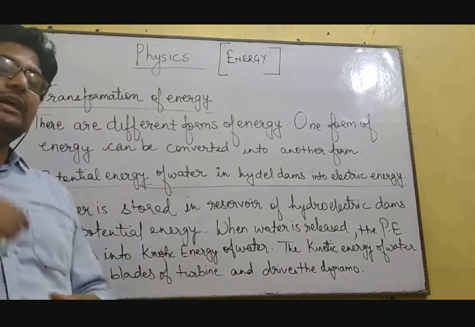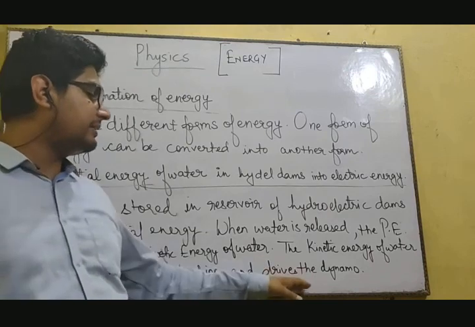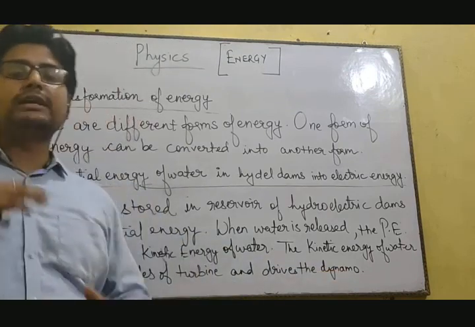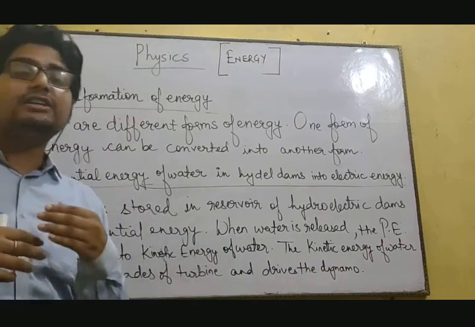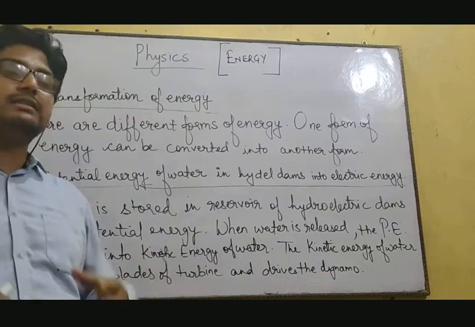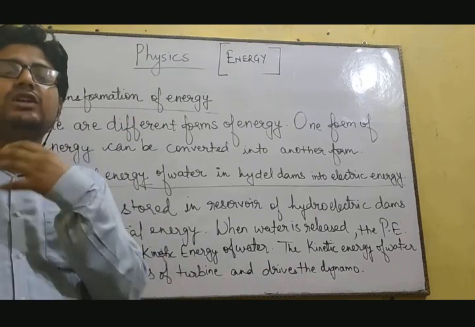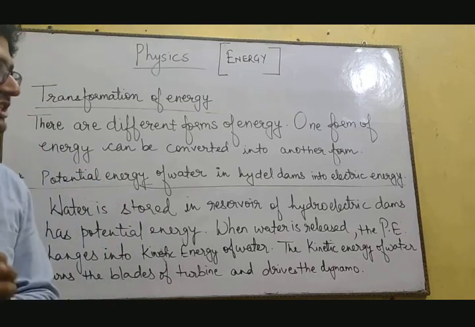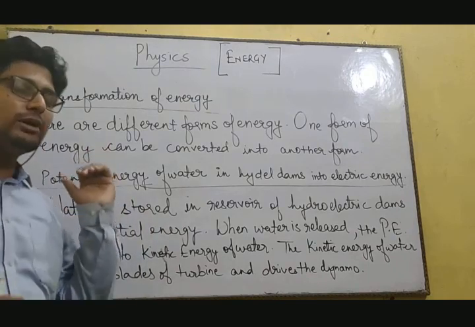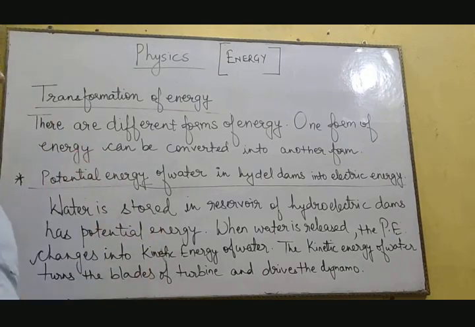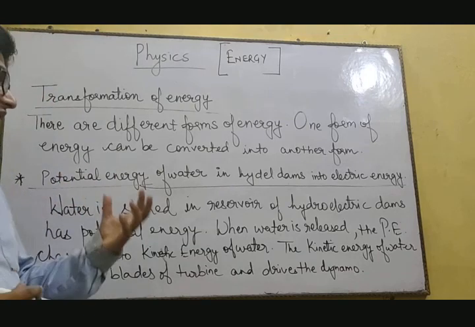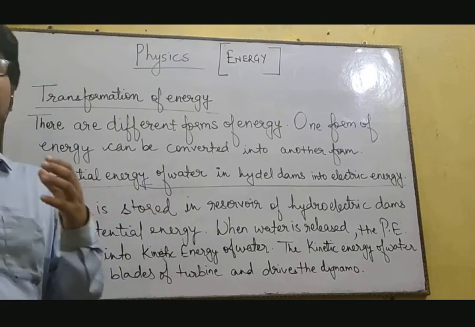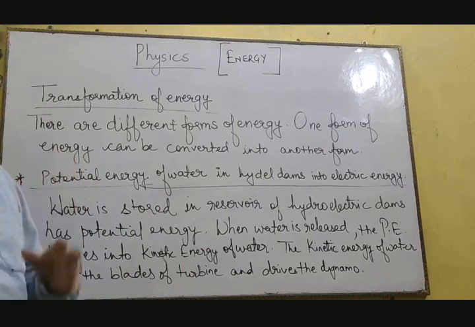And when the turbine rotates, it helps in driving the dynamo. The dynamo will also start rotating, and because of this, the electric generators are going to produce electricity. So this is how potential energy is going to get converted into electrical energy in the case of hydroelectric dams.